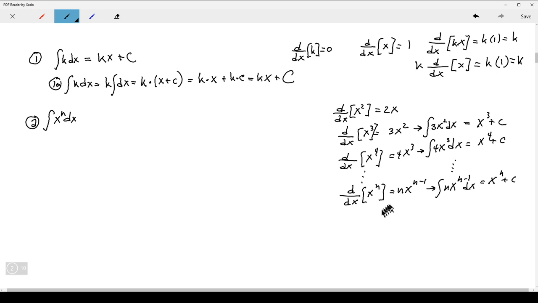So we add 1 to the exponent. Then divide by the new exponent.